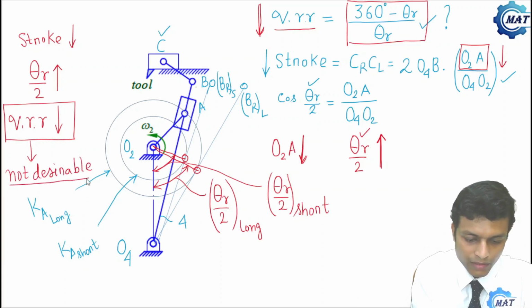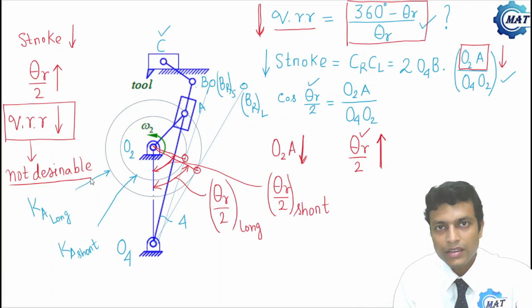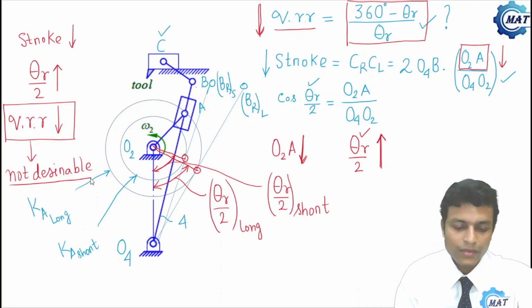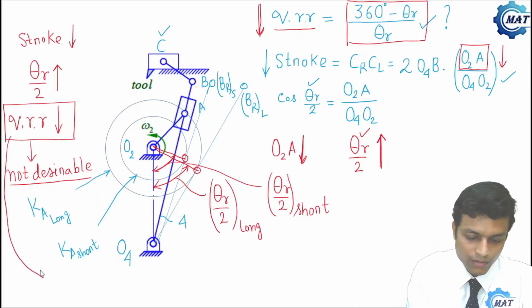Why not desirable? A lesser value of QRR indicates that the return speed is not faster compared to forward speed. And in return motion, the machine has no work. In forward motion, cutting operation takes place. In return motion, there is no work. So the machine has to return at faster speed. If that does not occur, a lesser QRR indicates that the production rate is not high.